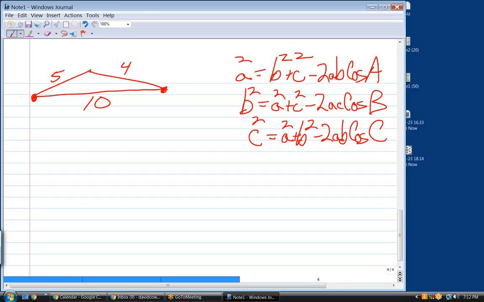I always start off with any side. In other words, no matter what the triangle is, if I have a 6, 7, 8, then 6 has to be less than 7 plus 8. 6 has to be greater than 8 minus 7. 7 has to be less than 6 plus 8. 7 has to be greater than 8 minus 6.